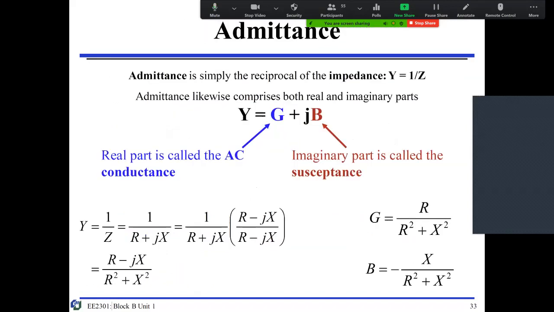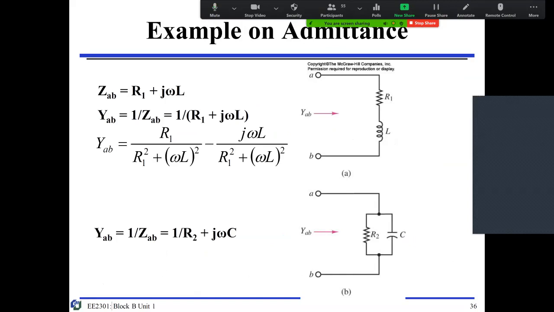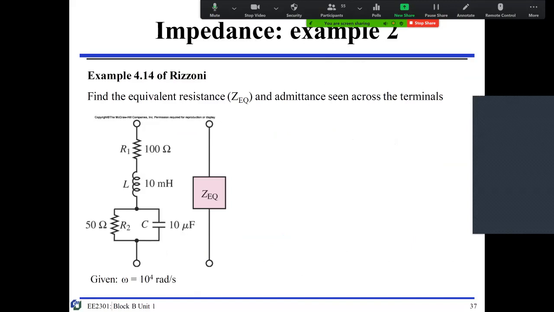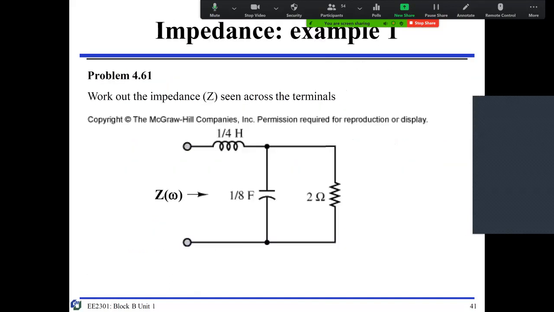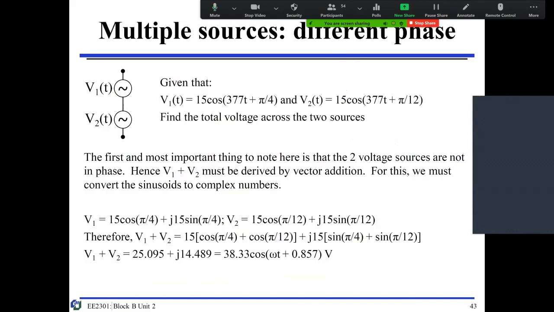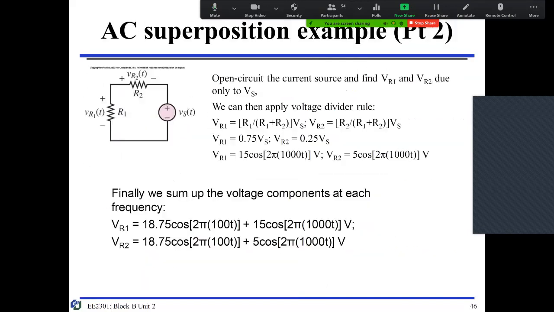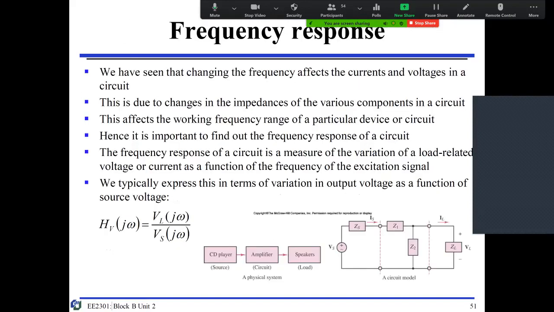And then admittance, impedance, high pass, low pass of these RC circuits. They have worked out examples for you. I think these parts are very simple.